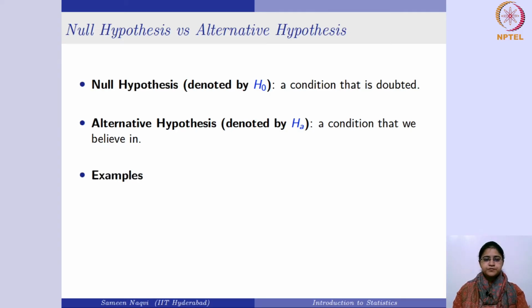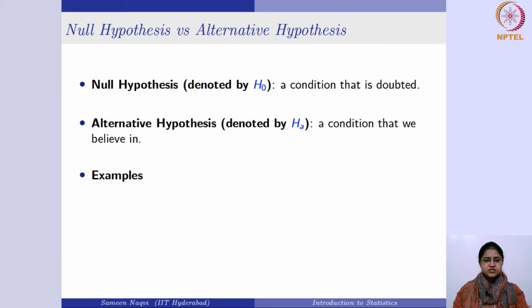Sometimes alternative hypotheses are referred to as the research hypothesis, and at places they just write the alternative hypothesis. In management research and such studies, they just write the alternative, and then based upon the sample they try to see whether the sample supports this hypothesis or not.